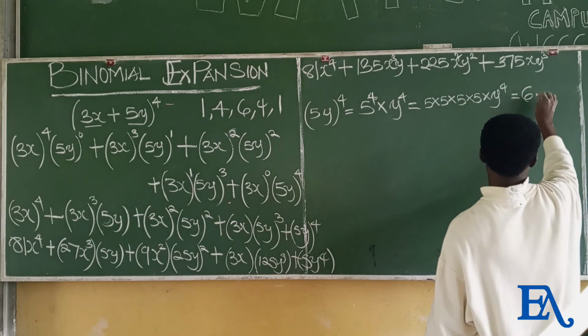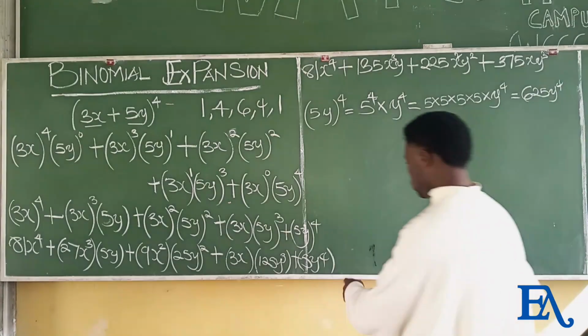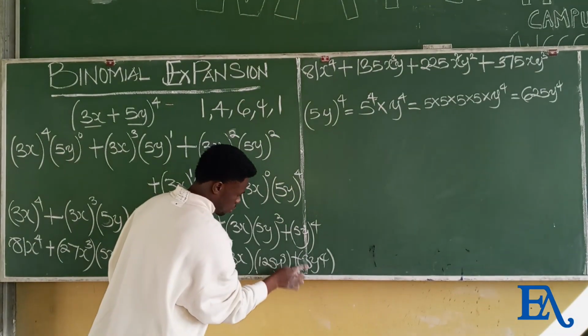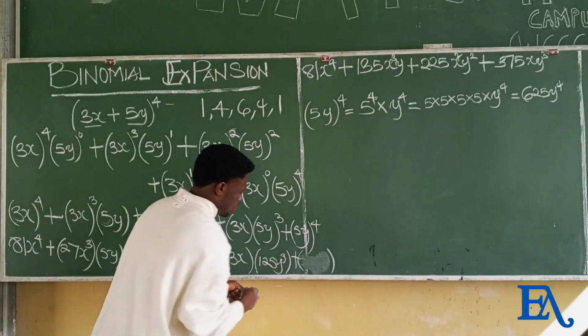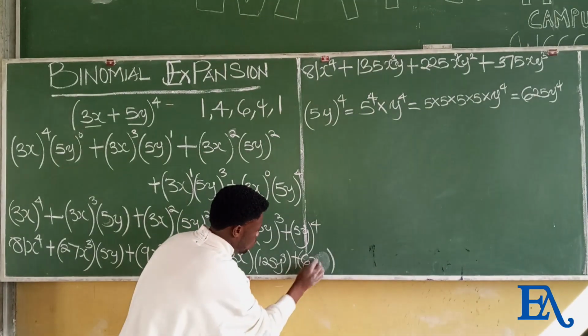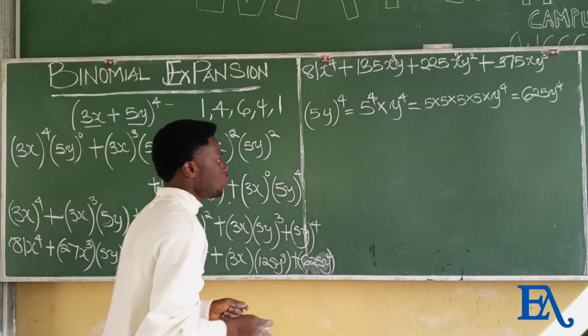Therefore, we have 625y raised to the power of 4. So that is the actual result here. 625y raised to the power of 4.